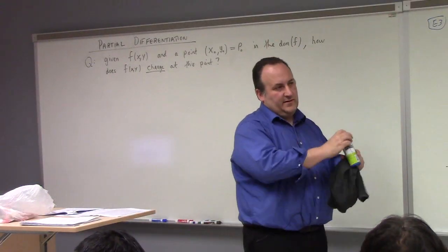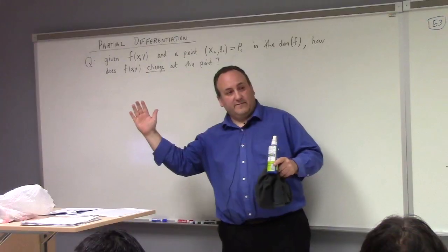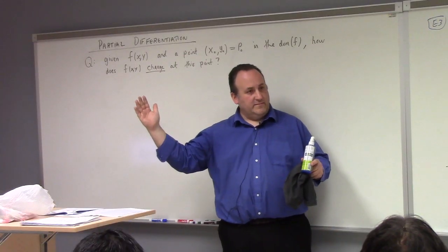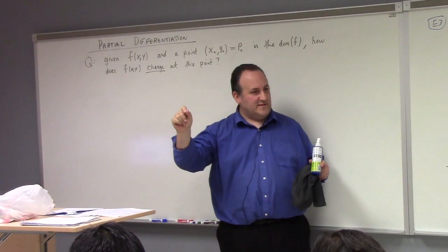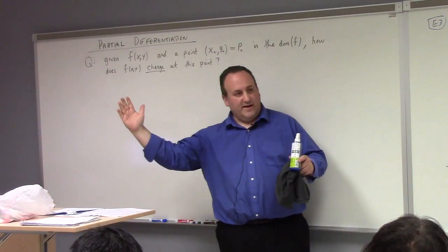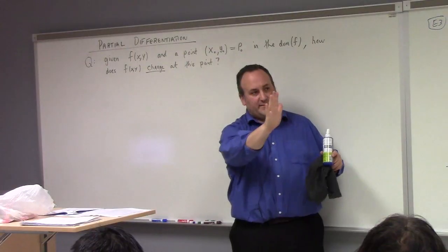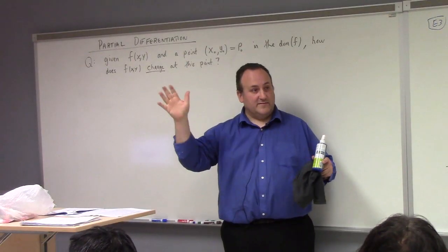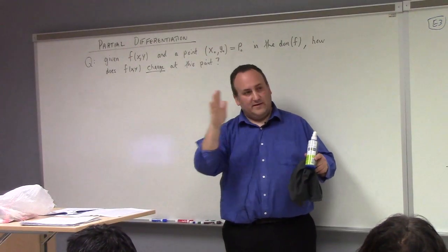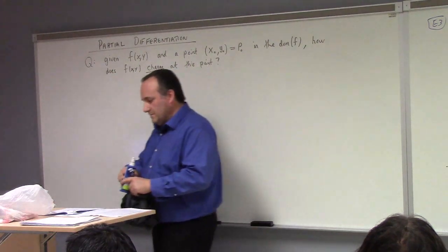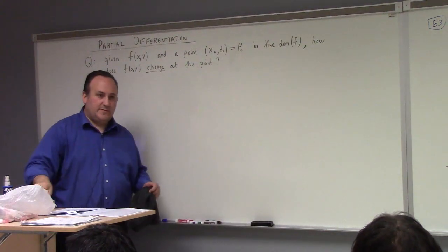Because we can't just study the change as we go across the graph y equals f of x, right? Yes, the change at a given x value makes sense because there's only one thing to do: read the graph left to right. So you can ask what's the change in a function of one variable at a point. That's enough because there's just left and right. But here, we need to also supply a direction in order for the question to be meaningful.